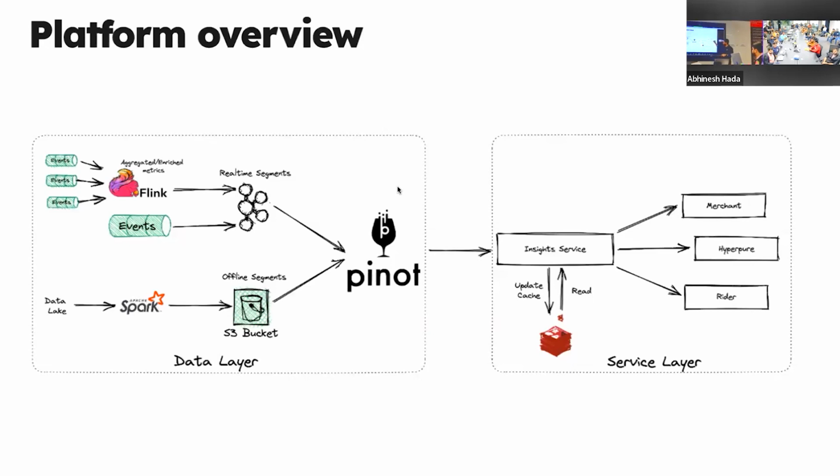Now that the data is available on Pinot, we are wrapping it through our service and making it available to other services. Here you can see that we have made caching available on the service itself, since most of the use cases were on a time series basis, like daily, weekly, or monthly.